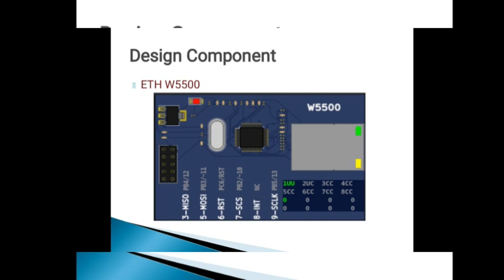The use of this component is to connect to the internet, and it supports 8 sockets simultaneously. Simultaneously means at a time, it supports 8 sockets at a time. The cost of this component is around 270 to 650.